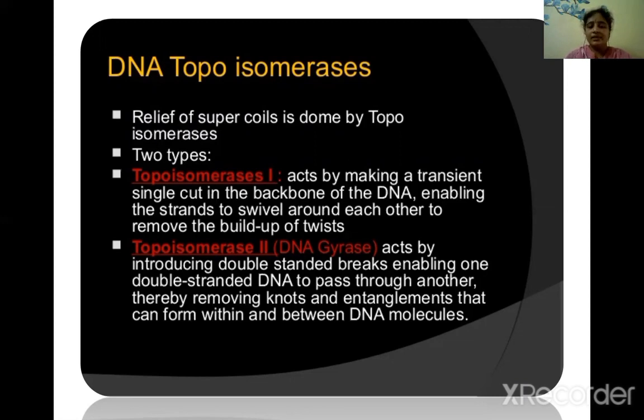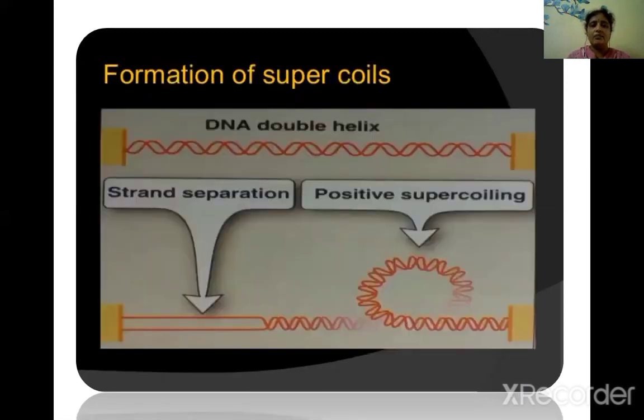Topoisomerase 2, also known as DNA gyrase, acts by introducing double-stranded breaks, enabling one double-stranded DNA to pass through another, thereby removing knots and entanglements that can form within and between the DNA molecules.